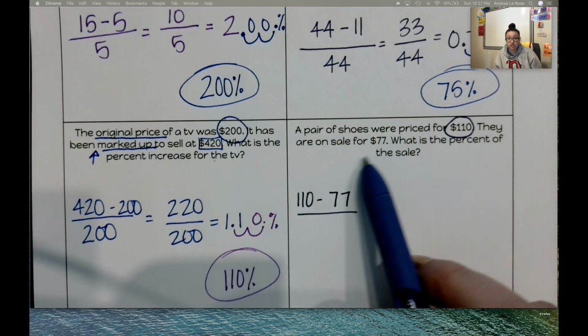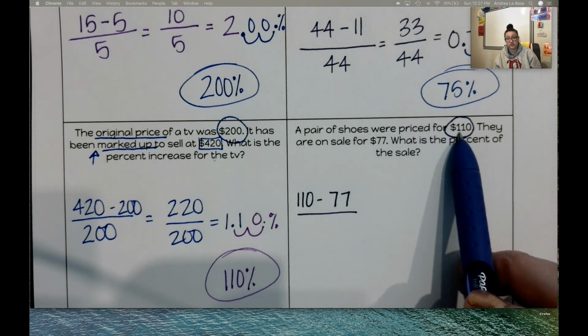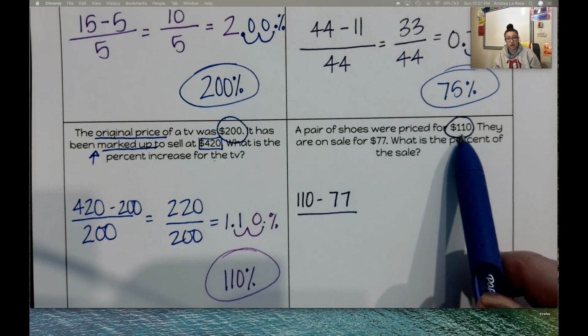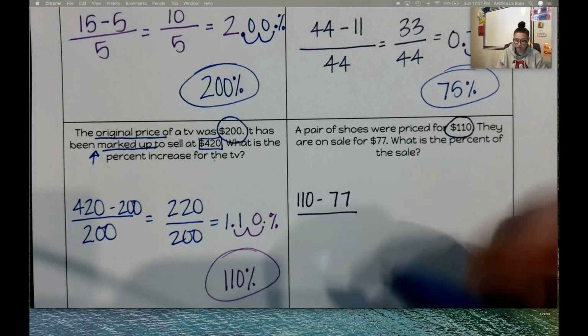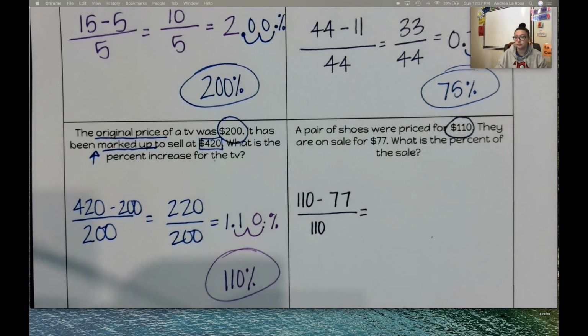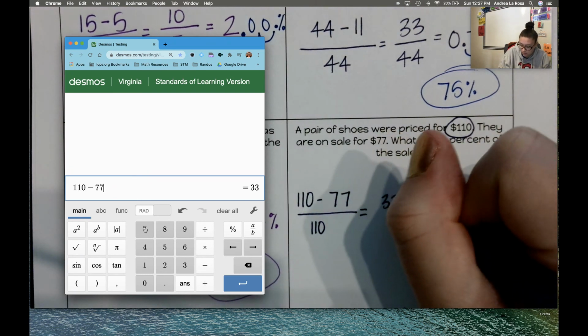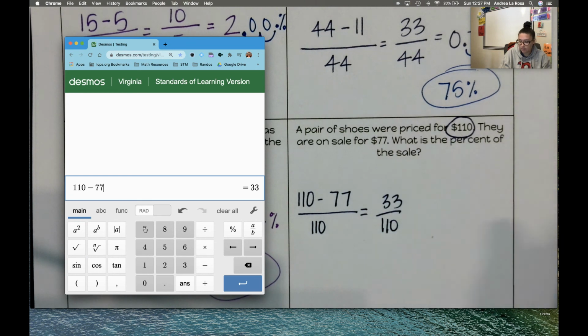Again, if my shoes are on sale now, that means they used to be more expensive. They used to be that bigger number. So my bigger number, my original number, is 110. I'm going to grab my calculator. I'm going to do 110 minus 77, and I get $33 divided by 110.